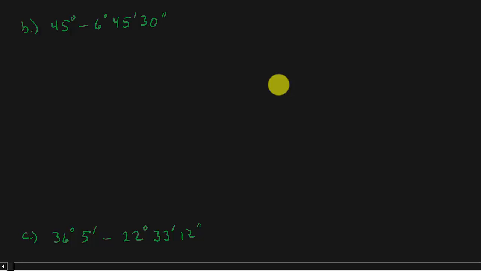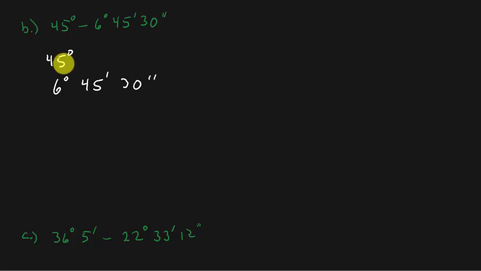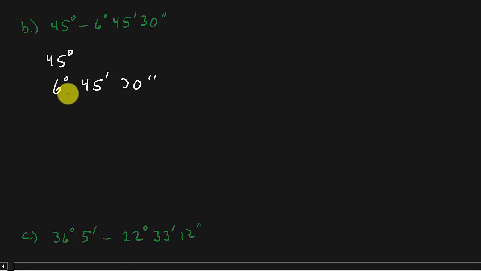Subtracting. So I've got 45 degrees minus 6 degrees, 45 minutes, and 30 seconds. Now I've got to do this minus this.